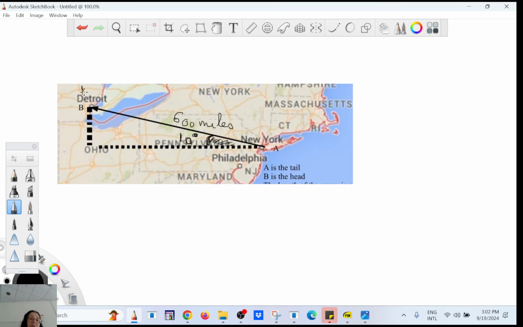So this is north, this is south, this is west, and this is east. Do you agree? So you can say that the displacement AB has a magnitude of 600. How much of what? Miles. Which way? 10 degrees of what?